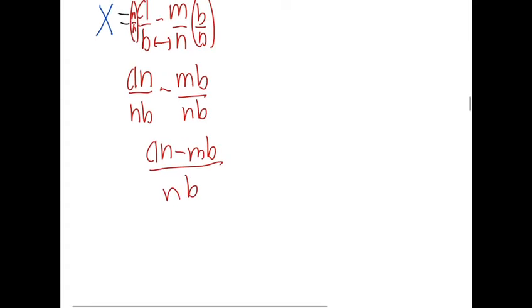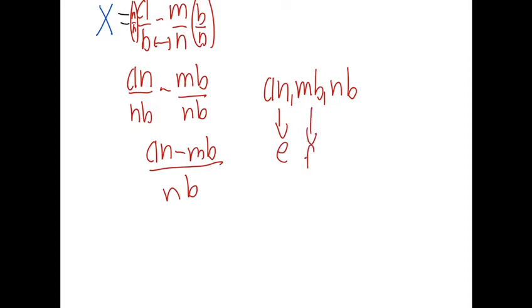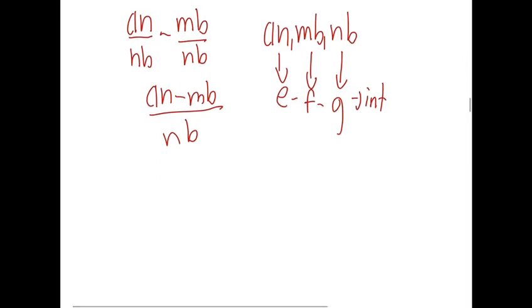And just like last time, an, mb, and nb are all the product of two integers, and so these all can be substituted for another number. Let's just say an is equal to e, mb is equal to f, and nb is equal to g. And note that e, f, and g are all integers. So now let's rewrite the fraction: e minus f all over g.